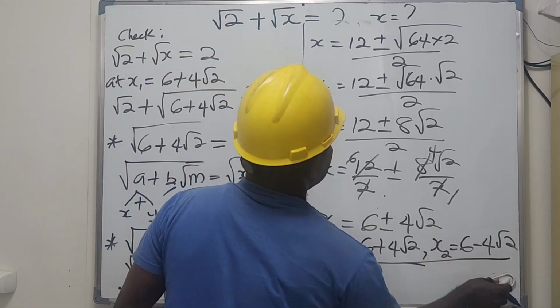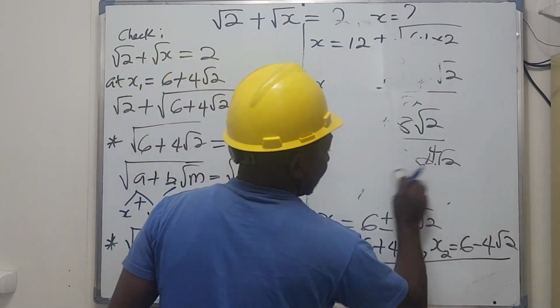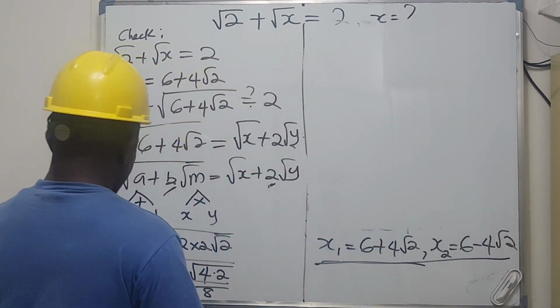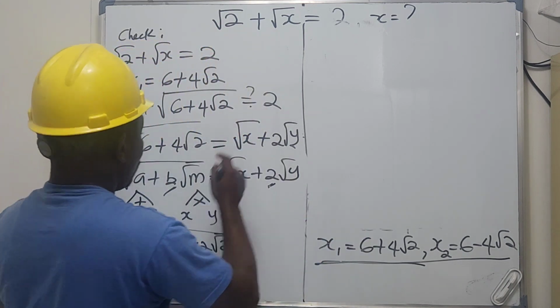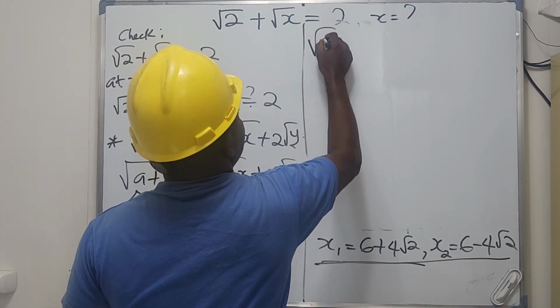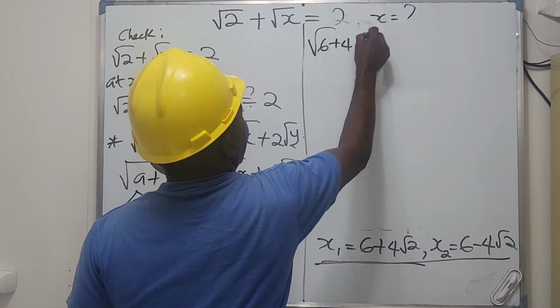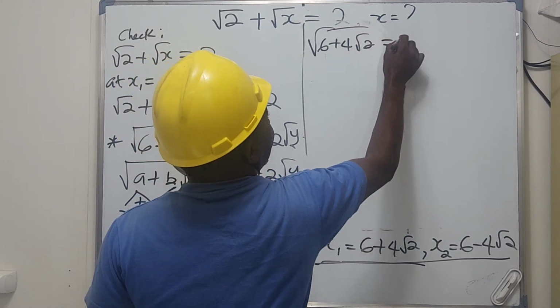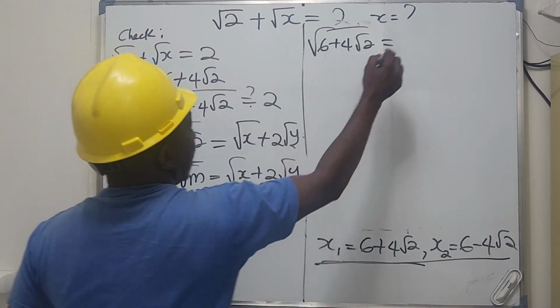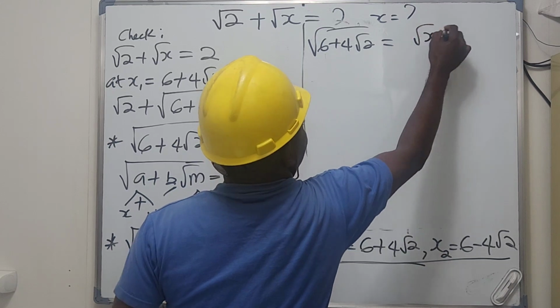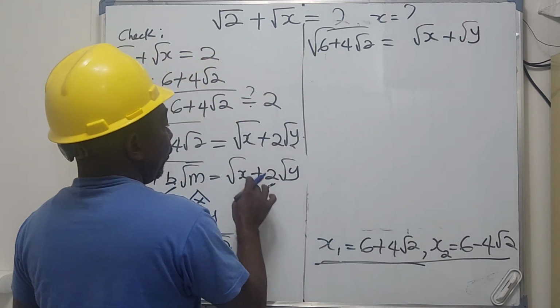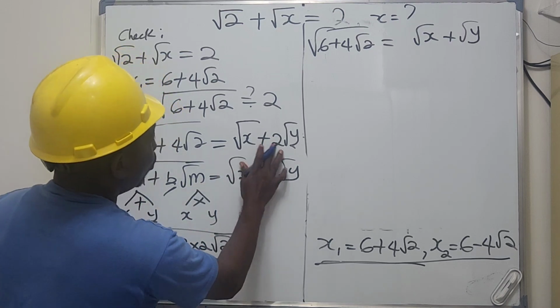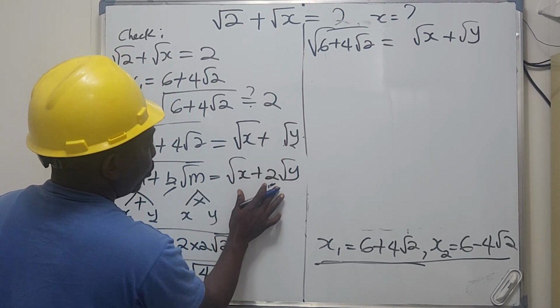So in that case, let's come over to this other side for further simplification. We have that evaluating this, which is root 6 plus 4 root 2, is going to give us root x plus root y.